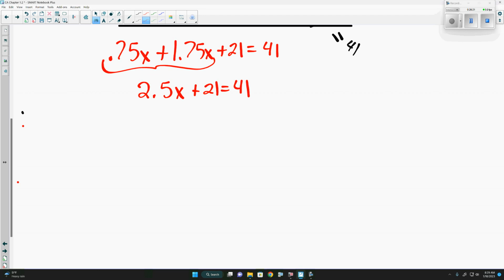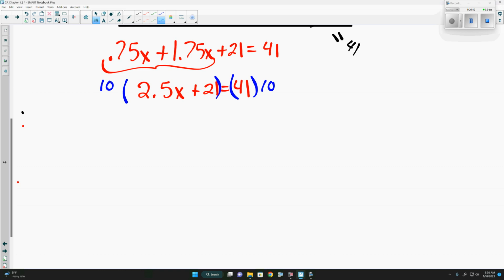Now, one thing I'm going to show you, we could have done this on the previous problems. If you really don't like decimals of any kind, and we get some really ugly decimals, we can multiply by something we call a scalar. In this case, I can multiply the whole thing by 10.